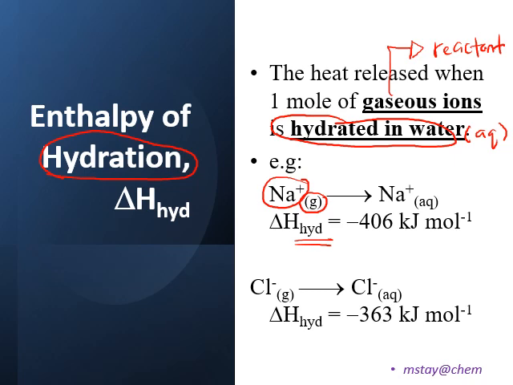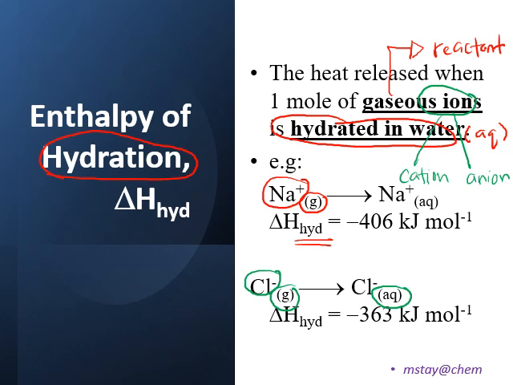Ion can have two types: it can be a cation and also can be an anion. Because the definition only mentioned ion, if the thermochemical equation involves an anion also, no problem. Anion gas, and then turn to aqueous.